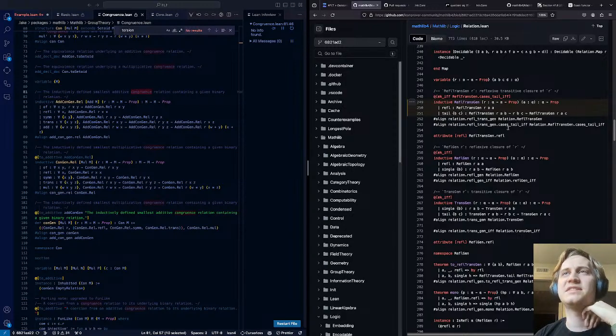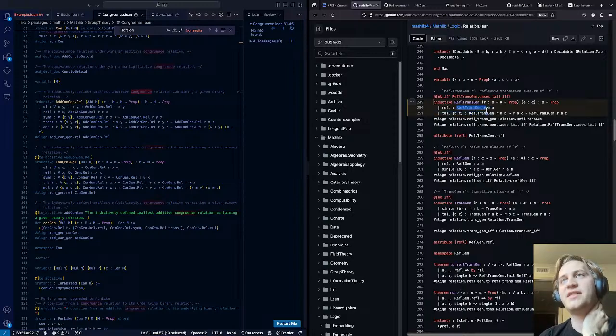I'm trying to tell if this definition is even right, because okay, we have an inductive definition which, given a relation R, is supposed to give us a new relation on the same base type alpha, right?